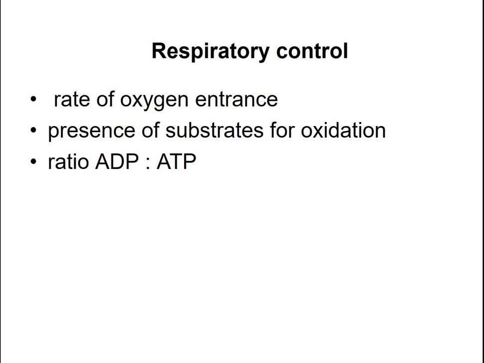Oxygen is the acceptor for protons, so if oxygen enters the mitochondrion actively, oxidation reactions in the mitochondrial matrix will increase and protons will enter the respiratory chain actively too. As a result, ATP formation will increase.